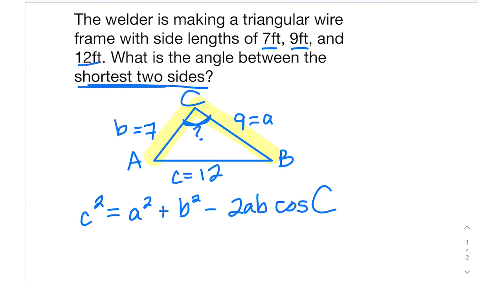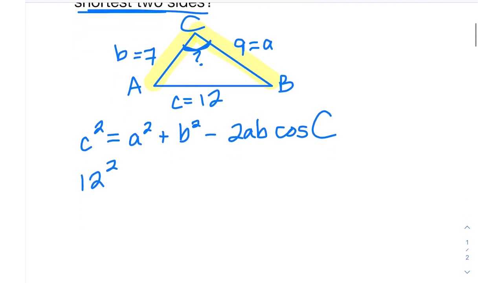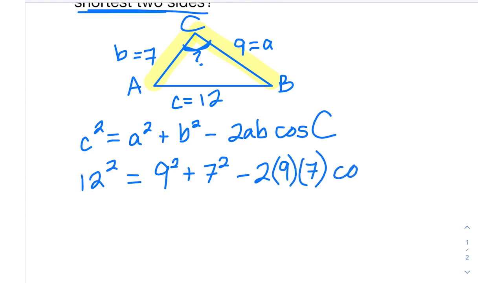So here for little c, we have 12, so this will be 12 squared. We have everything we need from the question, so we're going to move that up for now. And this is equal to 9 squared plus 7 squared minus 2 times 9 times 7 cosine of angle C. And again, that's what we're solving for, so that's going to be our variable. And we're just going to walk through this stepwise here.